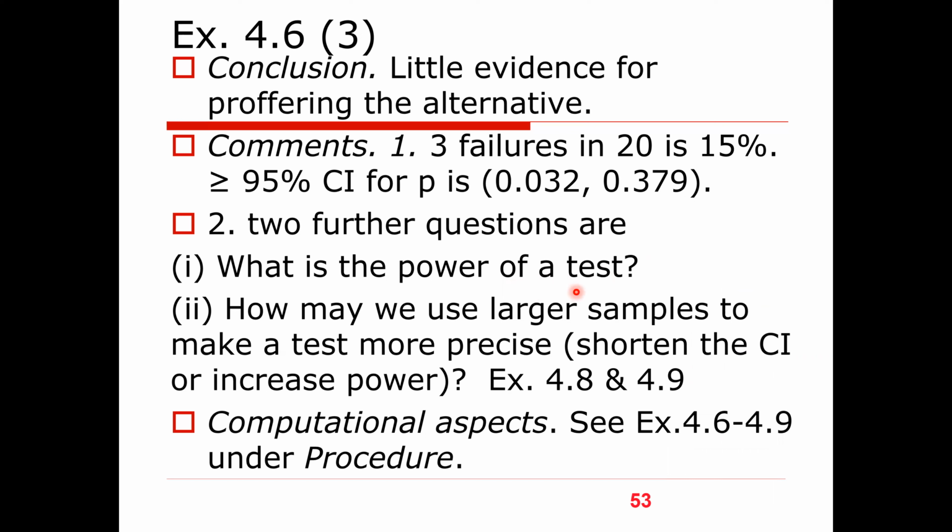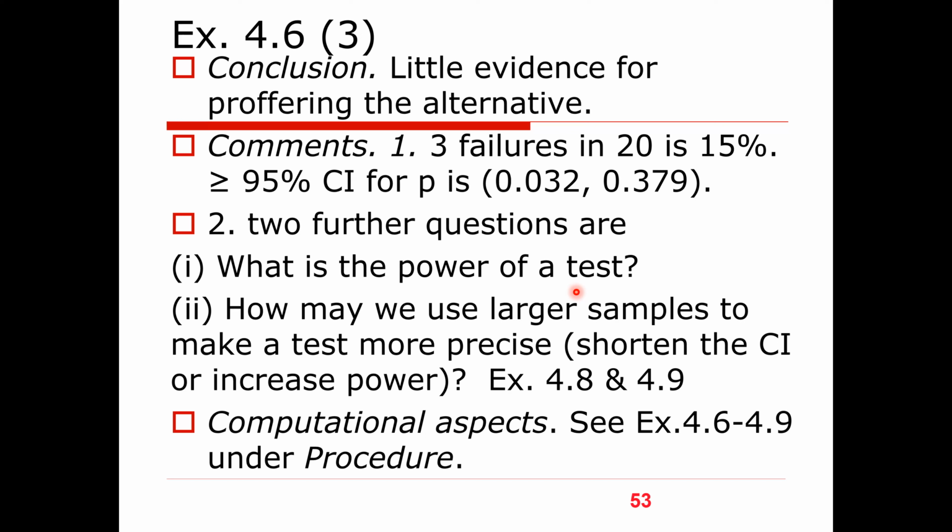For a sample size of 20, the power is between that of a small sample and a big sample. So the result of such a test is somewhat powerful, but if we can get a larger sample, it will usually be more powerful. The second question is, how may we use larger samples to make a test more precise?